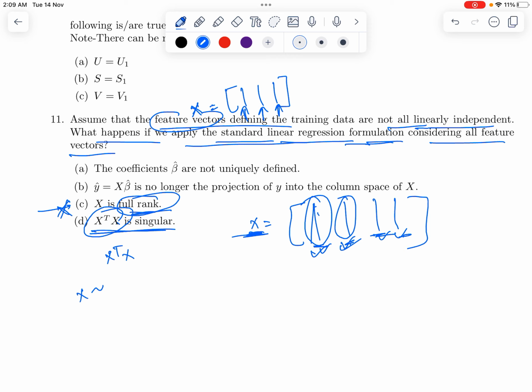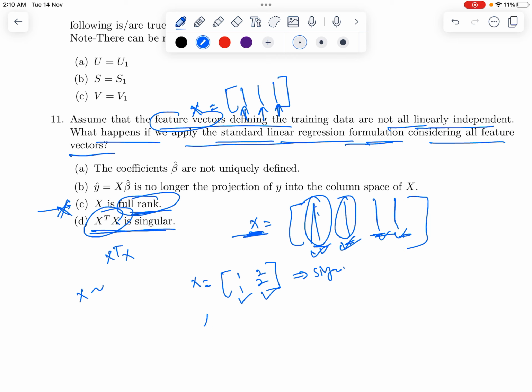Let's take an example, maybe 2 by 2. Let's take the column 1 1, and a multiple of this vector, 2 2. You can see it has determinant 0, and the columns are linearly dependent, so this matrix is singular.